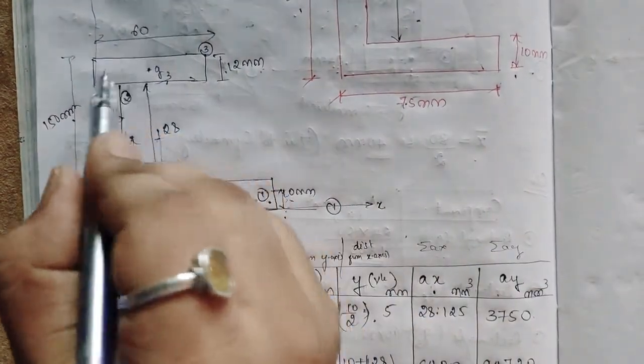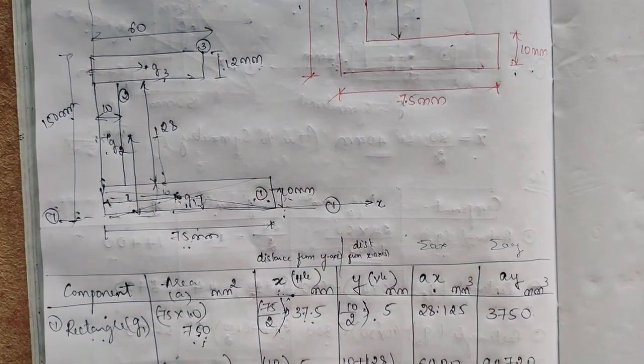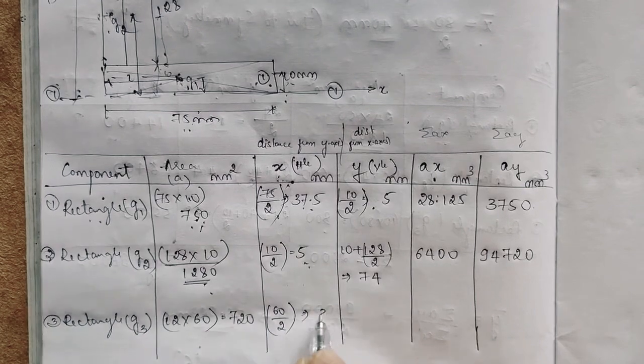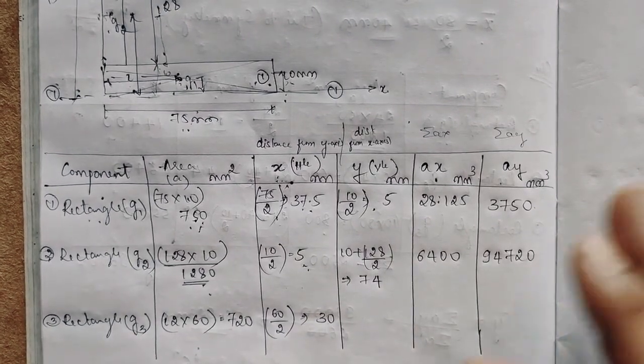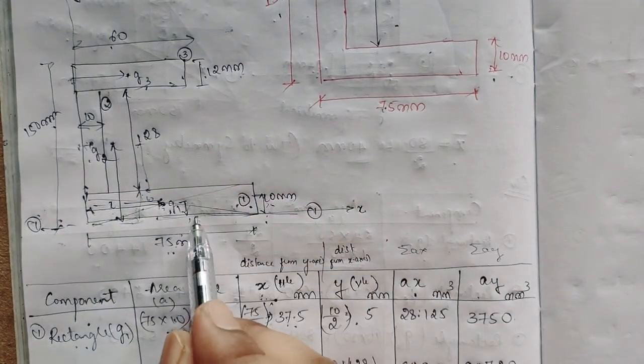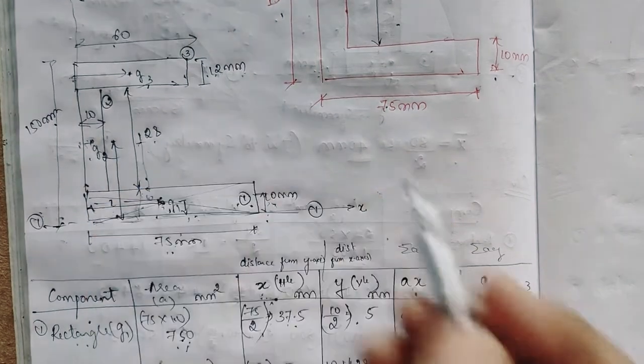The x distance from the reference axis y is 60 by 2, which is 30. But for y, don't forget, the y value should be from the reference axis, that is 10 plus 128 plus 12 by 2.